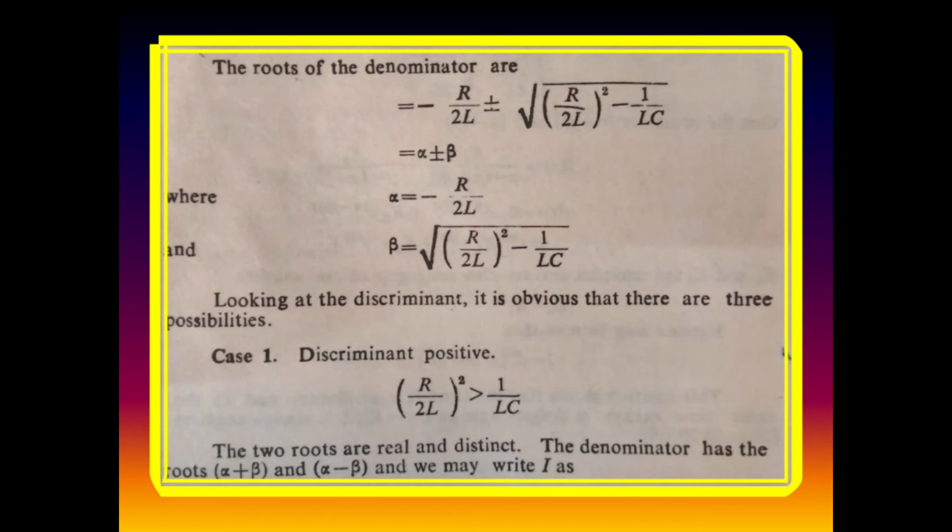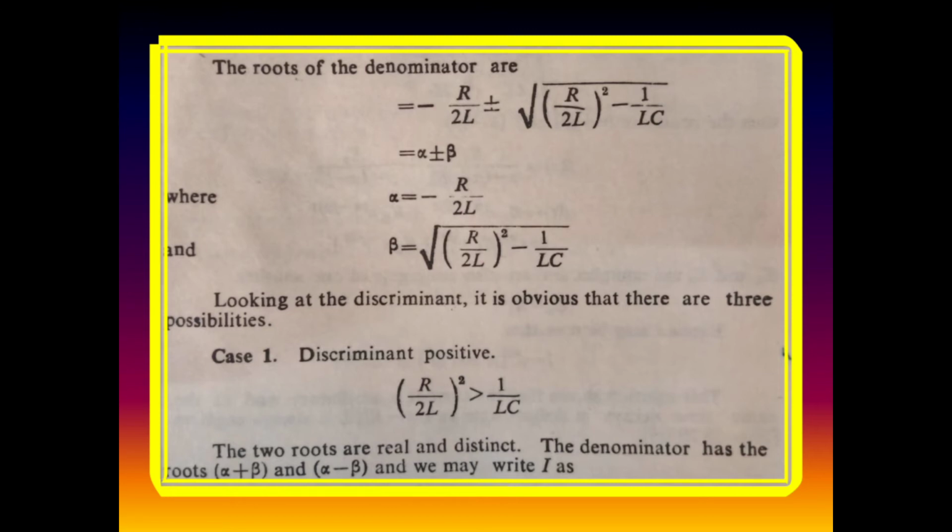Now we get the solution for the same equation as minus R by 2L plus or minus the square root of (R by 2L) the whole squared minus 1 by LC. This is in the form of alpha plus or minus beta, where alpha is considered as minus R by 2L and beta is considered as the square root of (R by 2L) the whole squared minus 1 by LC.